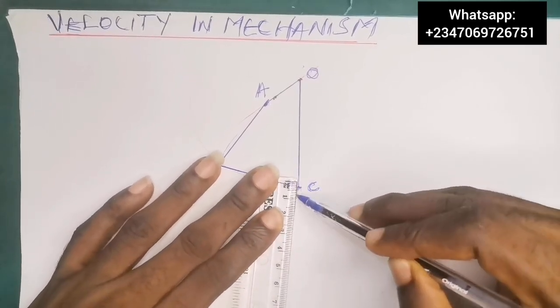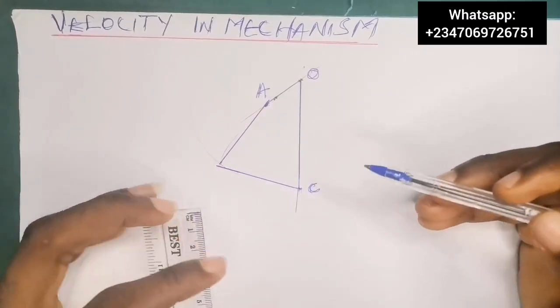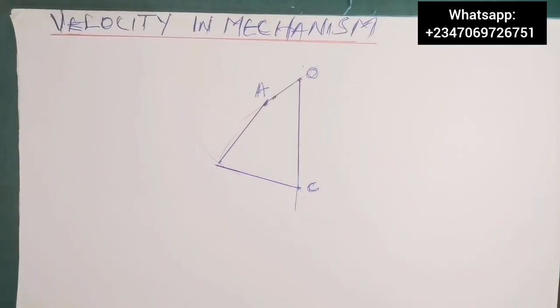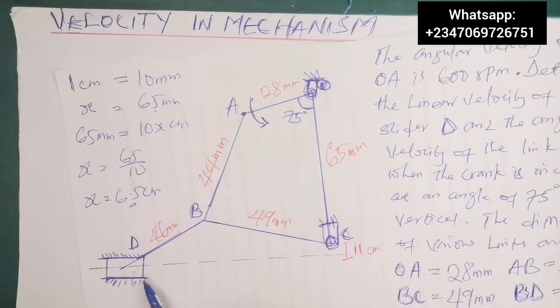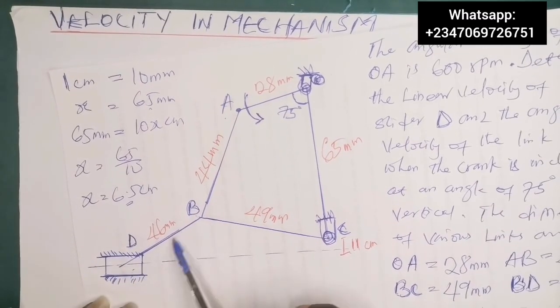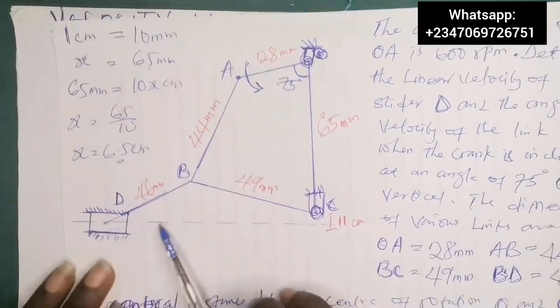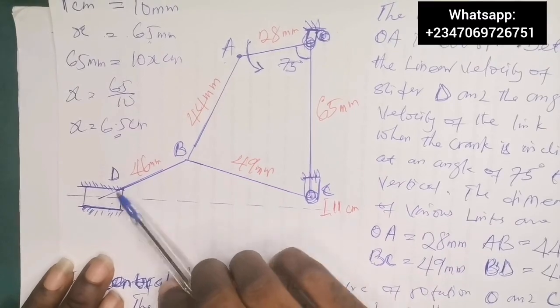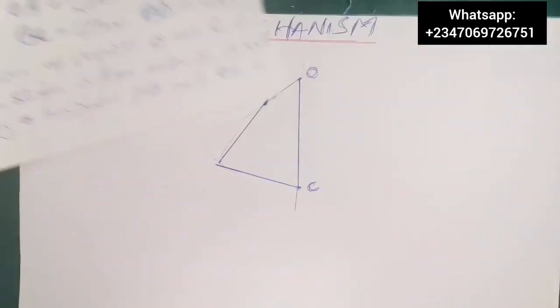Okay, so 1.1 is here. You have this. All right. The next thing to do is we need to now find point D. From point B to point D is given as 46 millimeter. That is going to be around 4.6 centimeter.